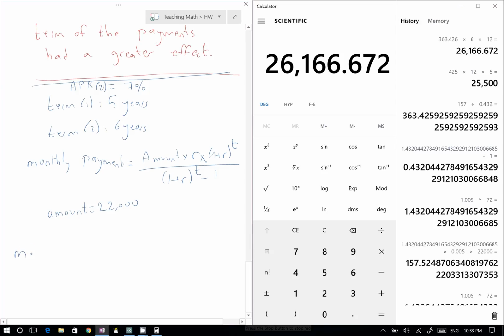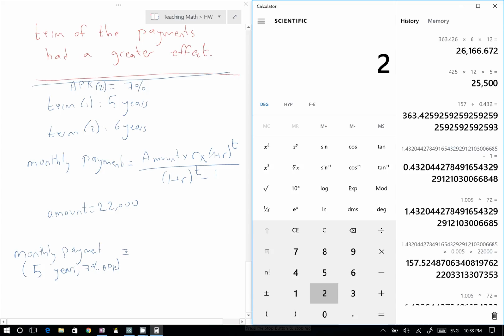So monthly payment for 5 years, 7% APR, that's equal to amount 22,000 multiplied by R. Let me calculate R. 7 divided by 12 divided by 100.